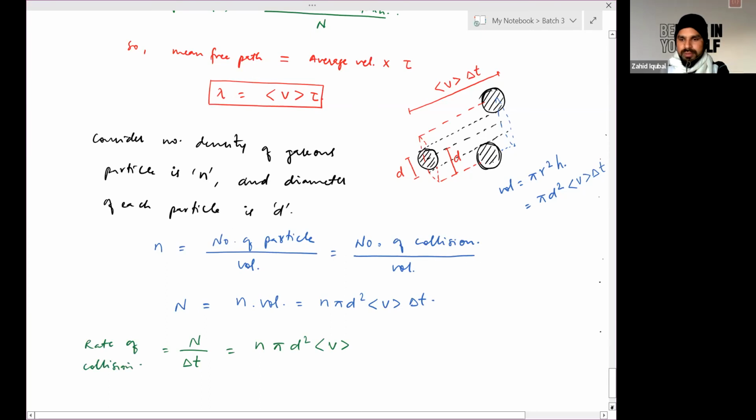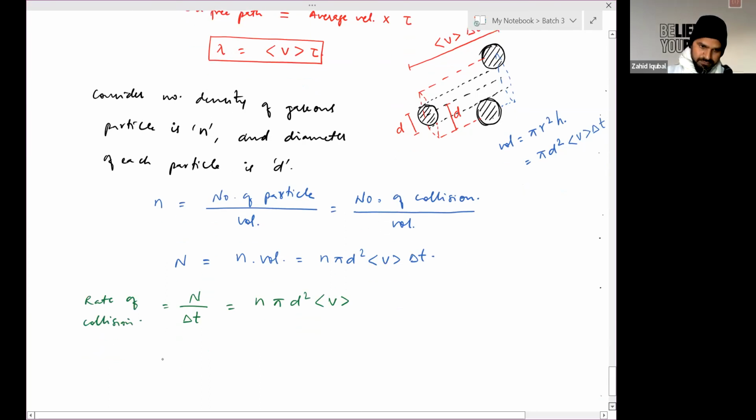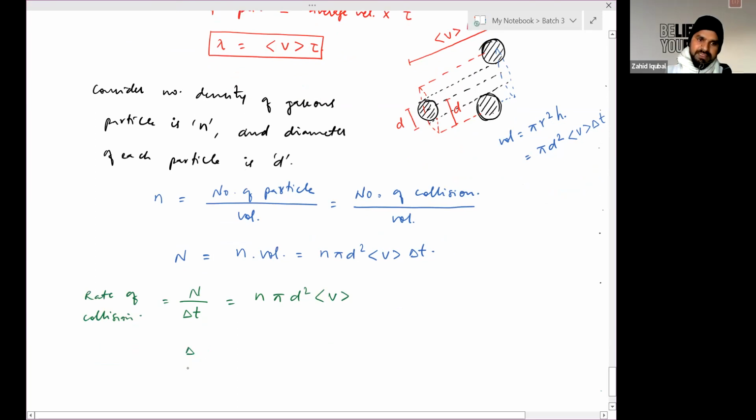If you take the reciprocal of this, delta t divided by N, it is called the time between two successive collisions, which is simply tau, the time gap between two successive collisions. So it equals 1 by n pi d squared multiplied by average speed.